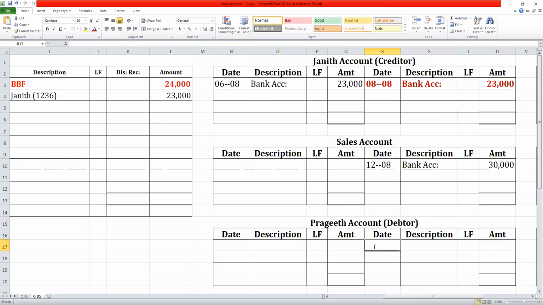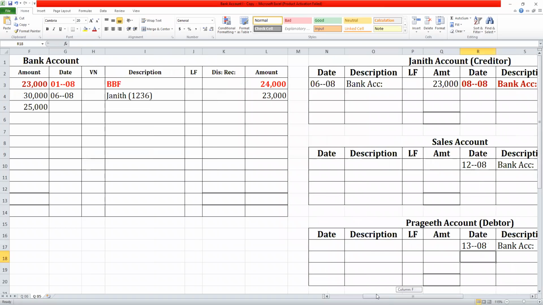So credit his account 13th of August. Bank account. Amount is 25,000. This is how you record the collection of the check from the debtor. Bank account debit, debtor's account credit.